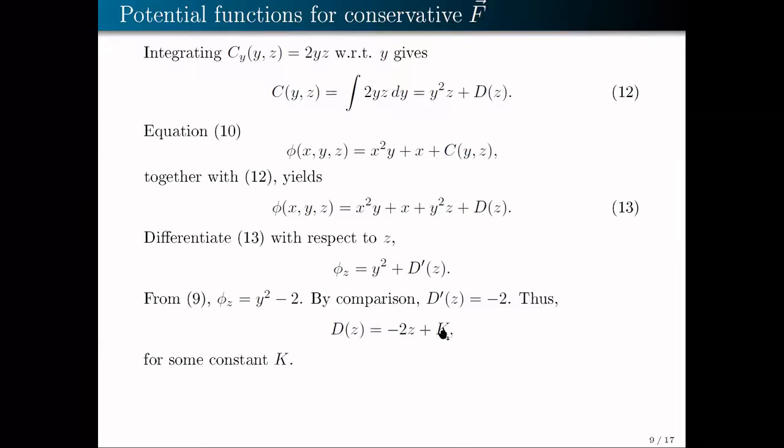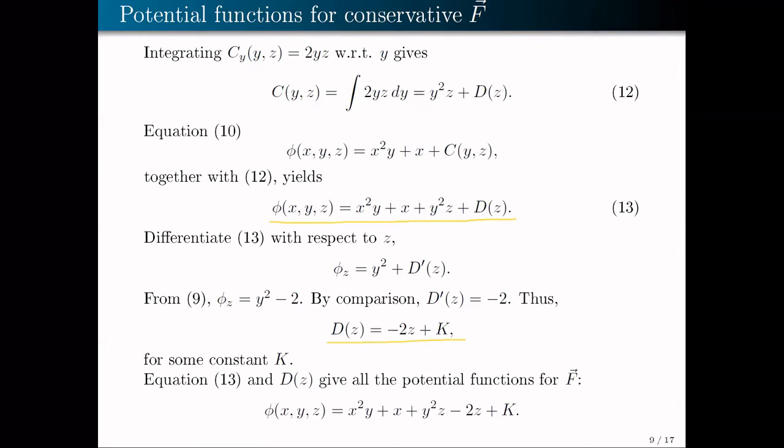And so from our results, we have phi of xyz equals x squared y plus x plus y squared z plus the expression for d of z, which is -2z plus k. And so these are all the potential functions for the vector field F.